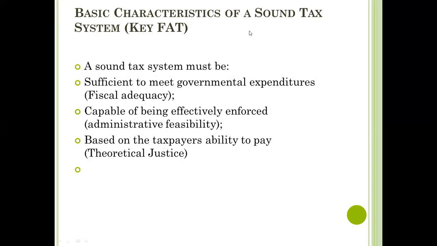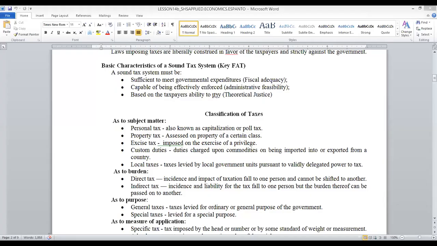The next one is basic characteristics of a sound tax system or key FACT. So this is the basic characteristics of a sound tax system or key FACT. FACT meaning F is for fiscal adequacy, A is for administrative feasibility, and T is for theoretical justice.